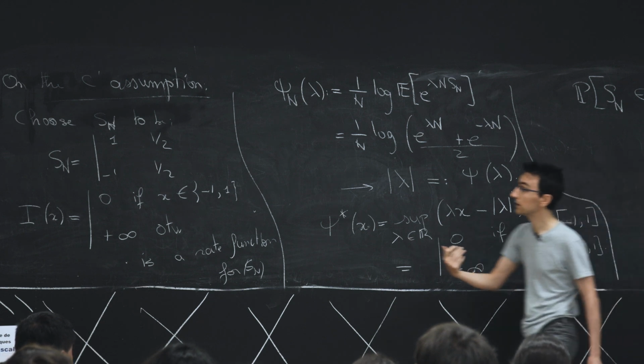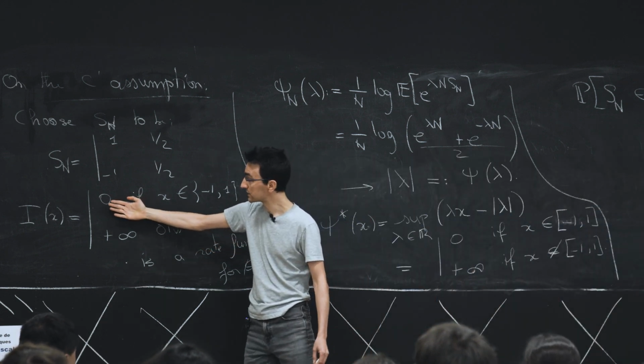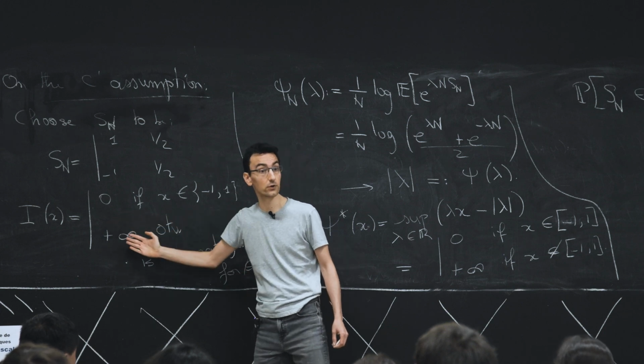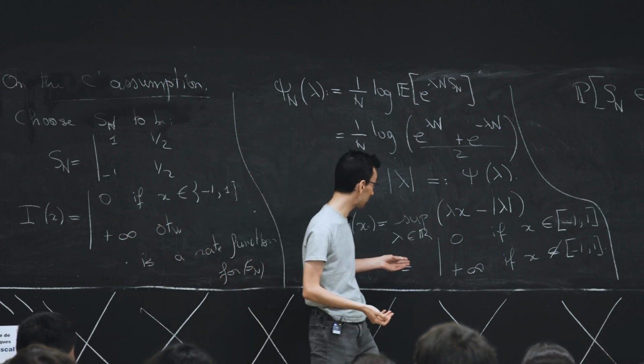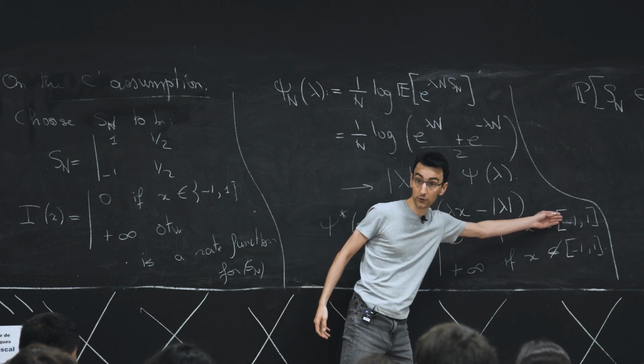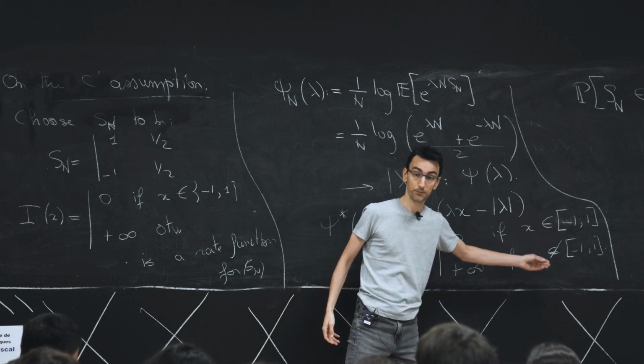Okay, so in particular here, we had this function, which is 0 on these 2 points and plus infinity otherwise. The convex envelope of this function is exactly what we got, 0 on the full interval minus 1, 1, plus infinity otherwise.